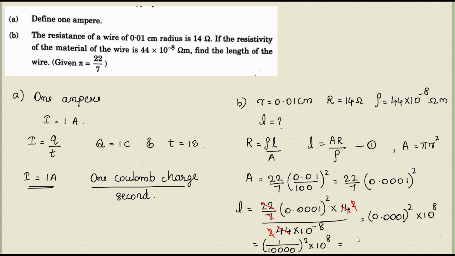This can be written as 1 divided by 10 raised to 4 whole square into 10 raised to 8. Now, 10 raised to 4 whole square is 10 raised to 8. So, the numerator is 10 raised to 8, the denominator is 10 raised to 8. Cancel it out, and you will get 1 meter as the length of the wire. So, that's how you will be solving this question.